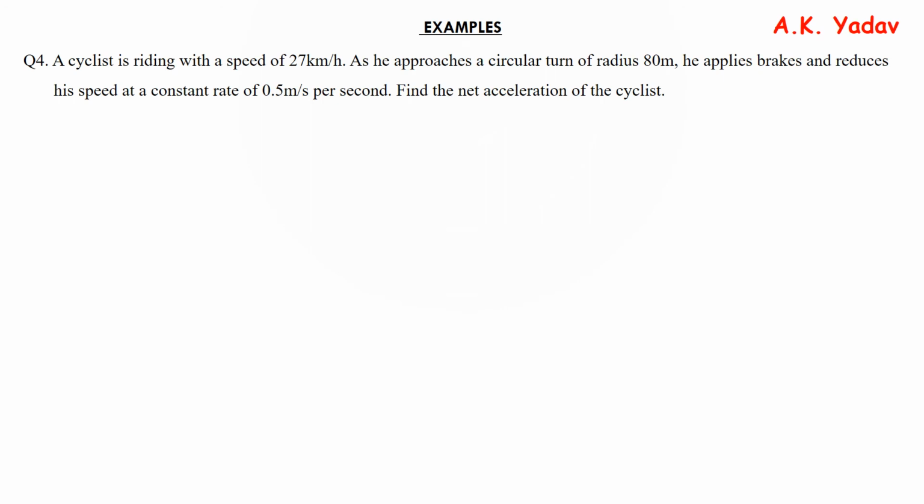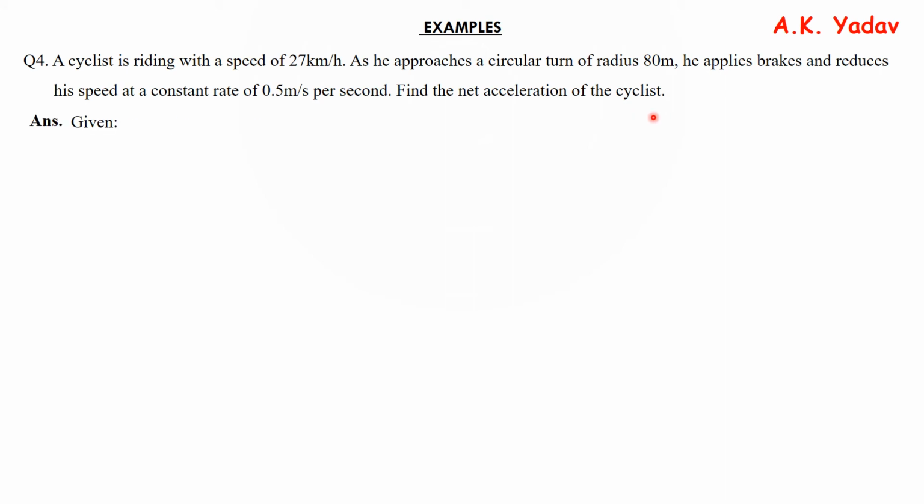Question number 4. A cyclist is riding with a speed of 27 km per hour. As he approaches a circular turn of radius 80 meter, he applies brakes and reduces his speed at a constant rate of 0.5 meter per second square, that is the acceleration part. Find the net acceleration of the cyclist.